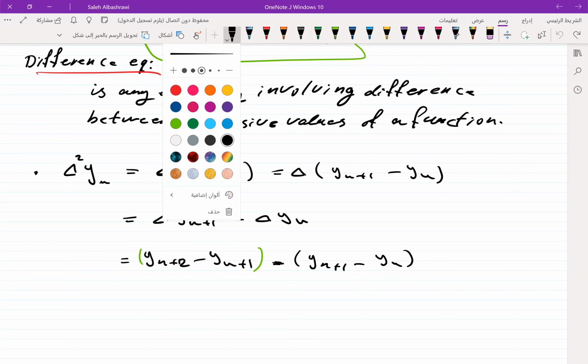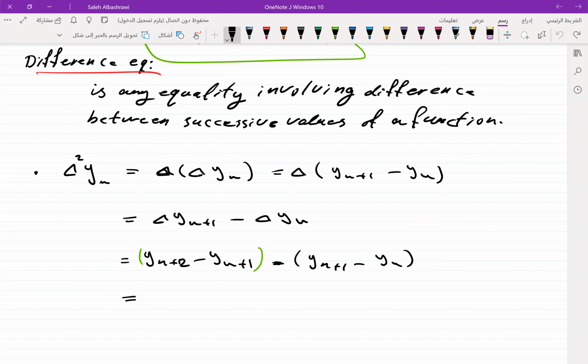This will give me y sub n plus 2 minus 2 y n plus 1 plus y sub n. So delta square y sub n equals y n plus 2 minus 2 y n plus 1 plus y sub n.